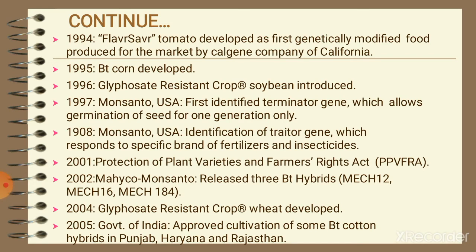In 2002, Mahyco and Monsanto together released 3 Bt hybrids, that is MECH12, MECH16 and MECH184. In 2004, glyphosate resistant wheat was developed. In 2005, the Government of India approved cultivation of some Bt cotton hybrids in Punjab, Haryana and Rajasthan.